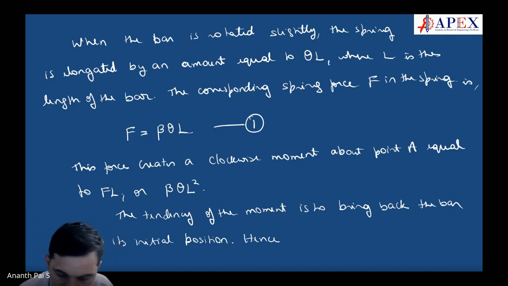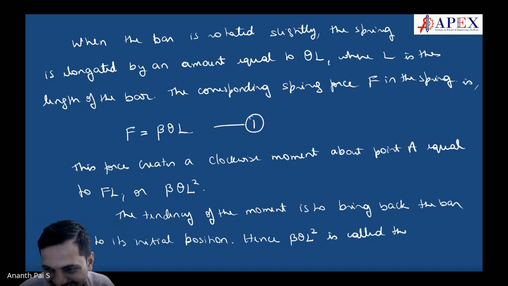Hence, beta theta L square is called the restoring moment.